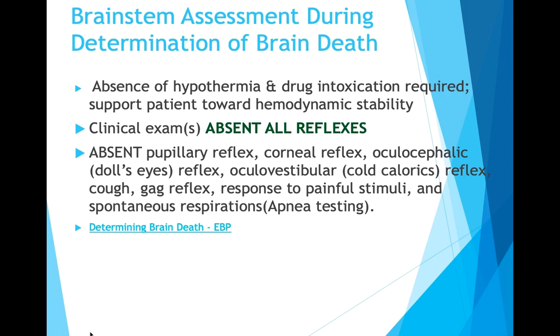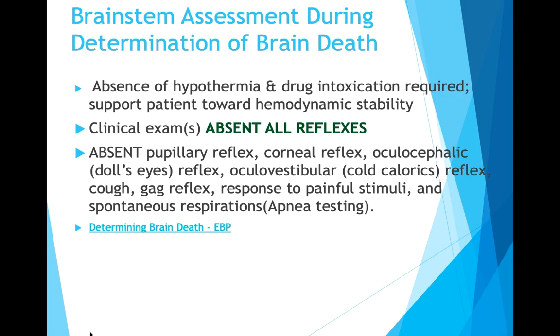That's where if you turn the patient's head quickly, in a patient with an intact brainstem, if you turn towards the right, the eyes would kind of move towards the left. But in a patient that's absent their reflexes and absent that oculocephalic reflex, the eyes would stay straight forward, kind of like painted on doll's eyes when you turn the head.